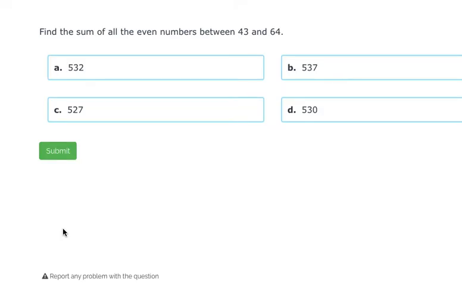Okay. Find the sum of all the even numbers between 43 and 64.